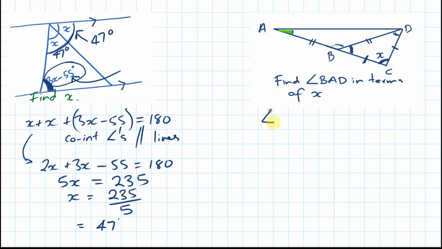So angle CBD is equal to 180 minus x, divided by 2. 180 minus x will give us that angle plus that angle. Because they are the same due to base angles in an isosceles triangle, we need to divide that amount in half.